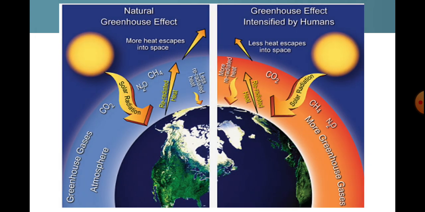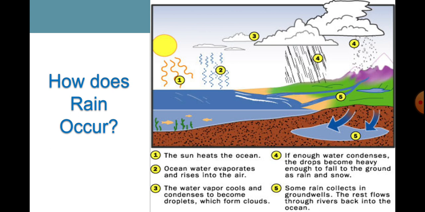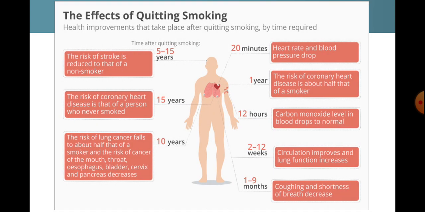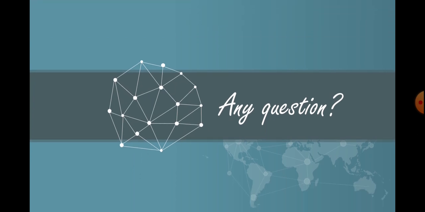And then the greenhouse effect. How does it occur? And how does rain occur? There are also numbers there. And the effects of quitting smoking. You mark it from 20 minutes to 15 years there. Yeah, so basically, you can make the visualization of the process to make the understanding easier.